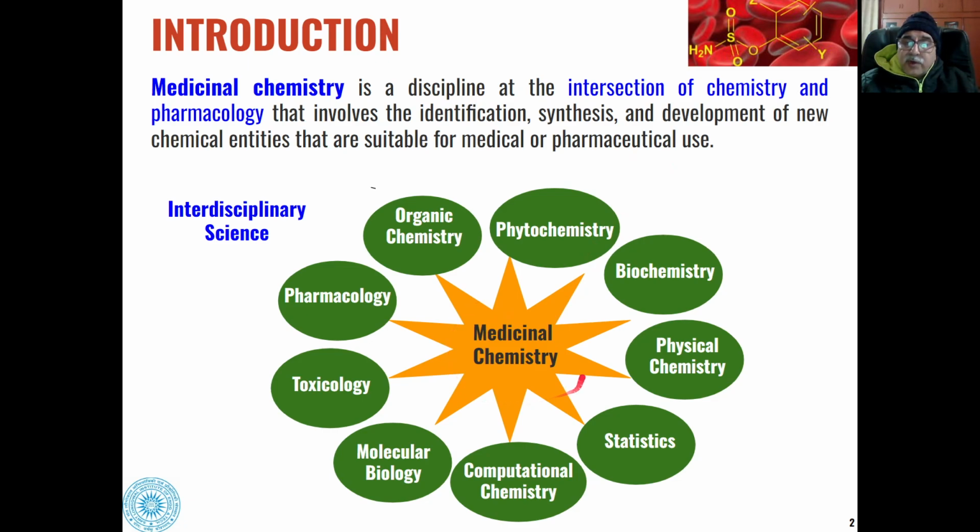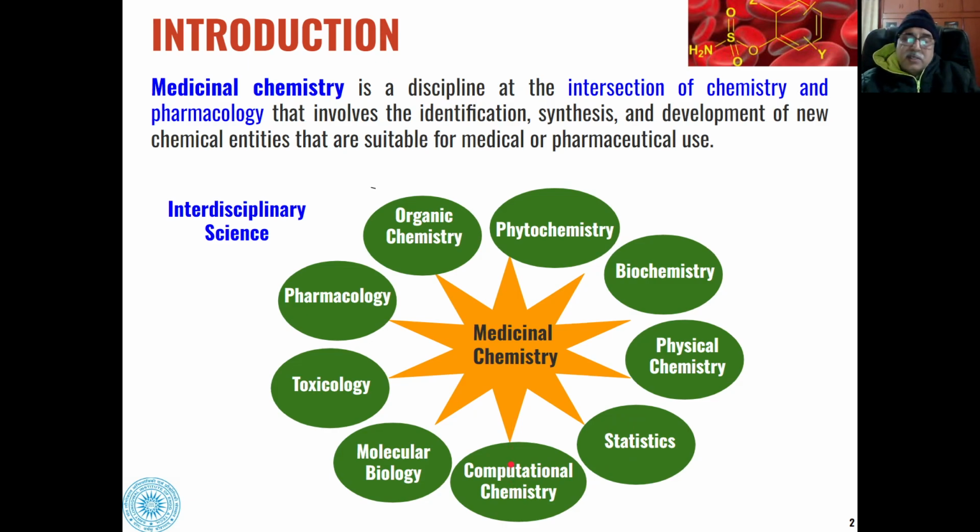And for medicinal chemistry to be understood completely, we need to understand the branches of chemistry and pharmacy, which in combination will make us a better medicinal chemist. The most important among these branches are organic chemistry, phytochemistry, which means natural product chemistry, biochemistry, physical chemistry, statistics, and computational chemistry.